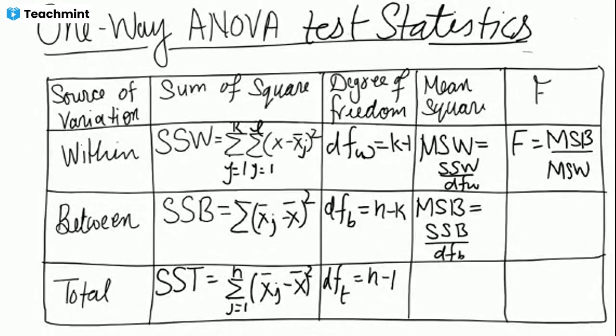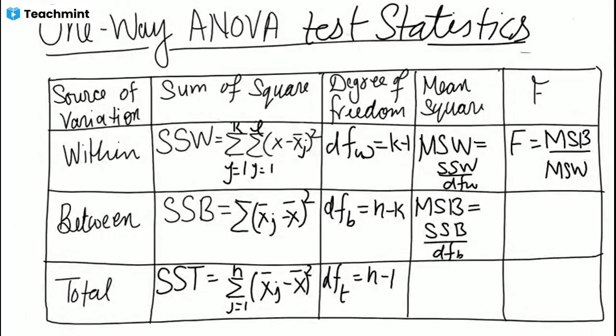See, we can find this F, that is the ANOVA coefficient. We find F, you know very well, as we did that day for hypothesis testing, or we can find it directly for any given data.